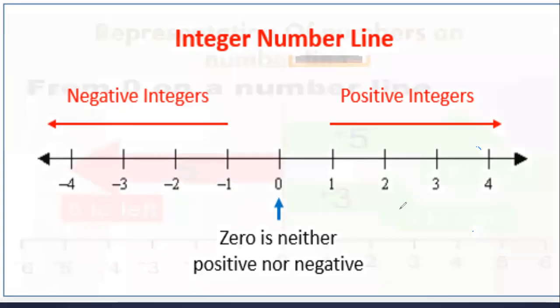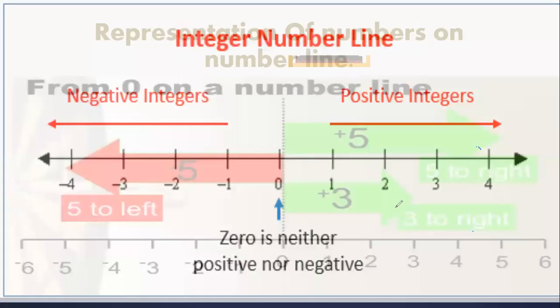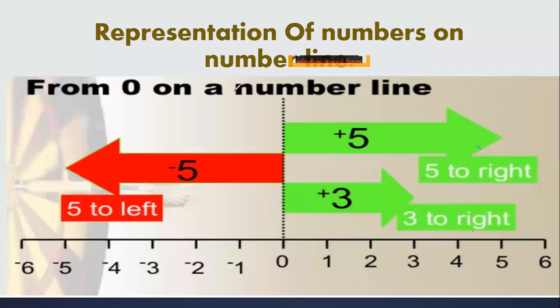When representing numbers on the number line, we always start from 0. For example, if you are representing negative 5 on a number line, we start from 0 and then we move 5 steps to the left, and we come to negative 5.